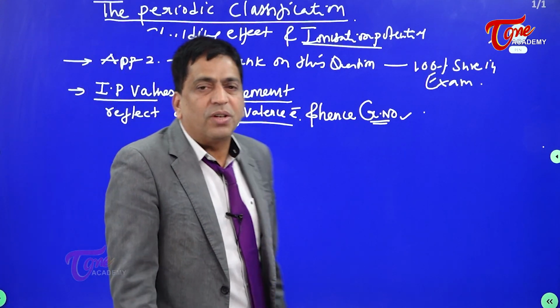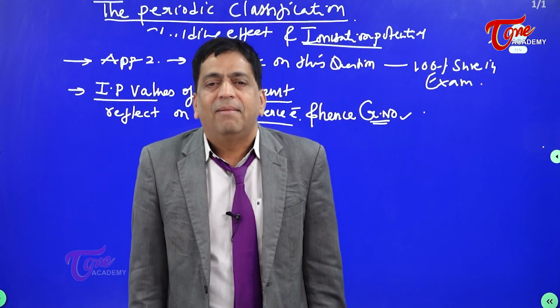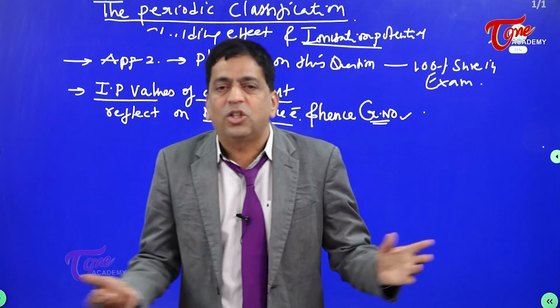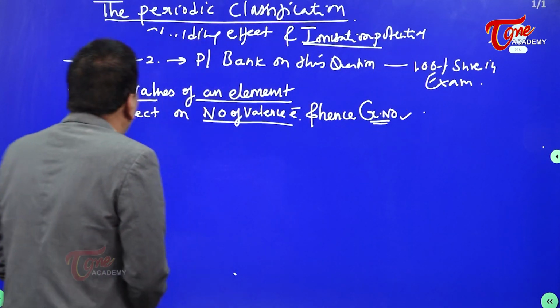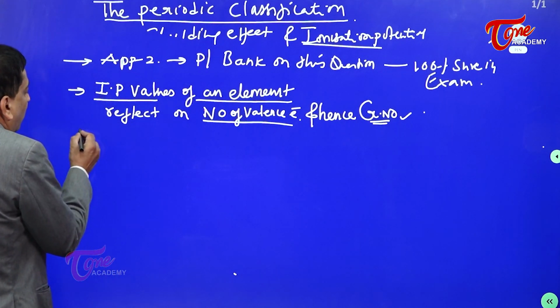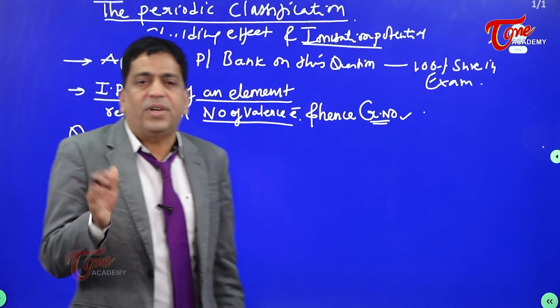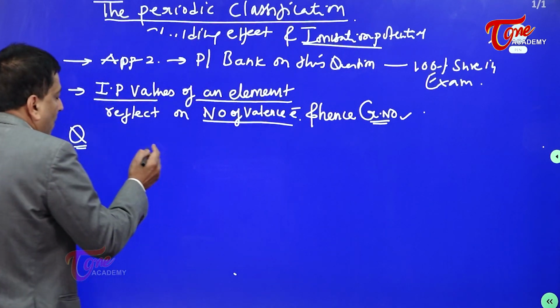So IP values of an element are an index of what? Group number. You must understand this. And hence the question. So, if I write the question for you, here is the question. Observe carefully.